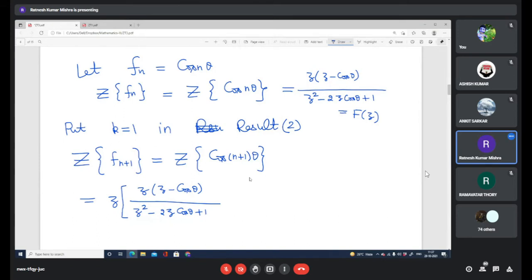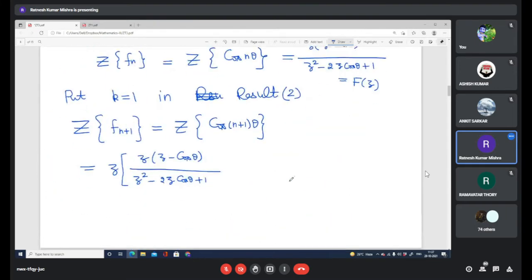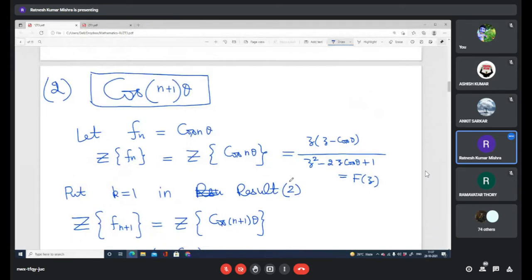Next, the summation n equal to 0 to k minus 1 of f(n). So k equal to 1 means F(z) minus f naught. So what is f naught? And f(n) is cos n theta.